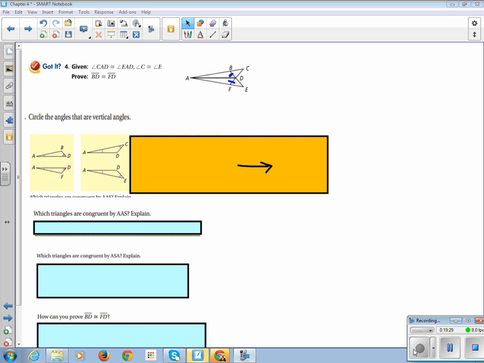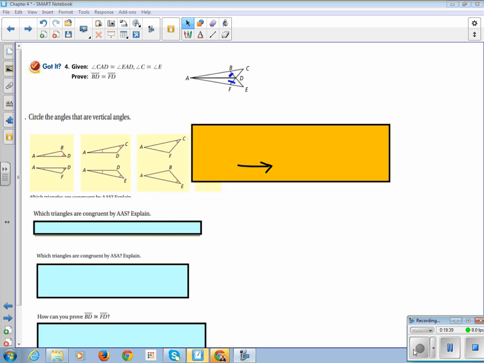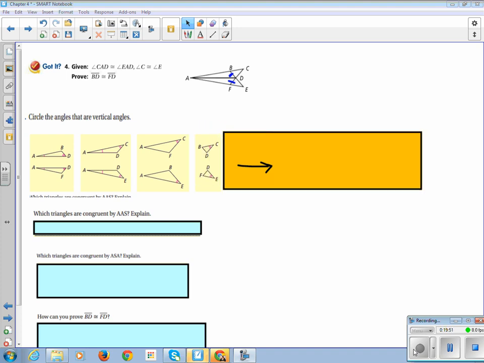In that scenario, angles A are congruent, and angle C and E are congruent. The other triangle is AFC and ABC. In that triangle, C and E are congruent. And in the baby little triangles, BDC and FDE, angle C is congruent to angle E.